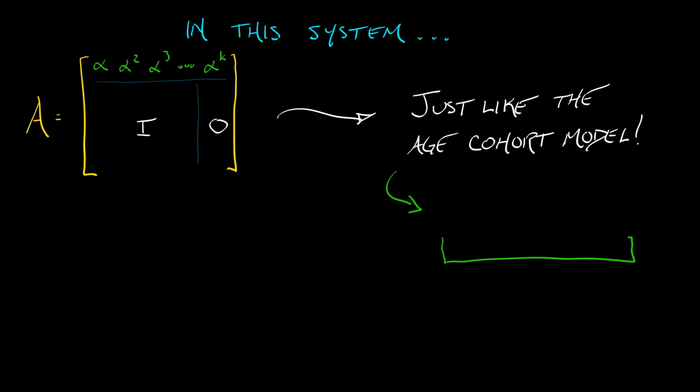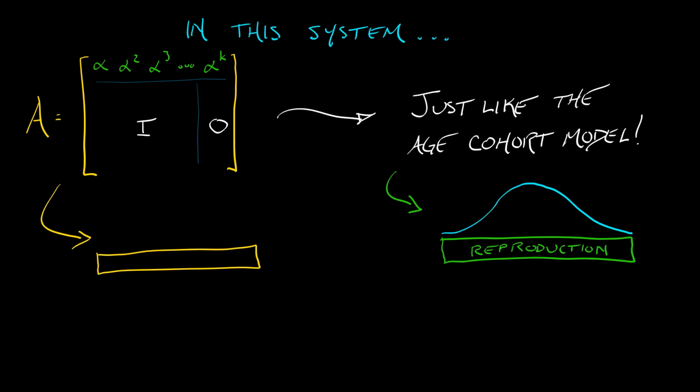But what's a little bit different here is that when we were looking at age cohort models with reproduction rates, let's say you have a lot of different age cohorts, then typically those reproduction rates are going to follow some sort of unimodal distribution. They start off really, really small, maybe 0, and then they climb up, and then towards the end, they taper back off again. Now, this is much different with reverb.